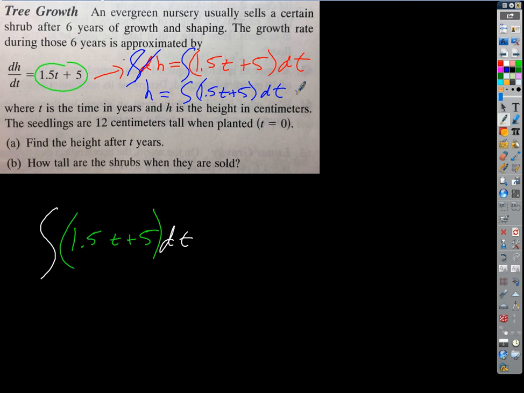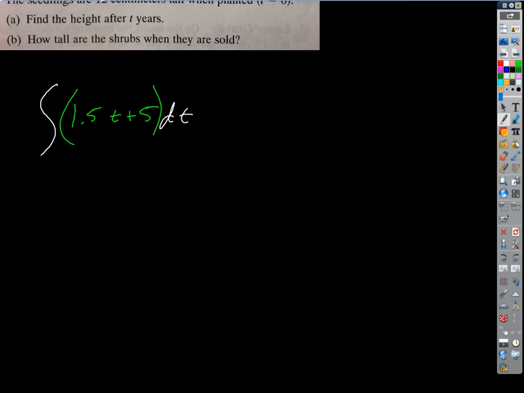And now we just have to solve that integral, and that's what we're in the process of doing. So what do we get then? What's the antiderivative of 1.5 times t? We'll pull the 1.5 out front. What's the antiderivative of t dt? T squared over 2.